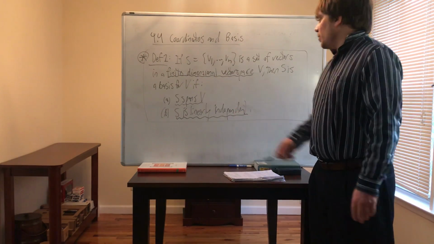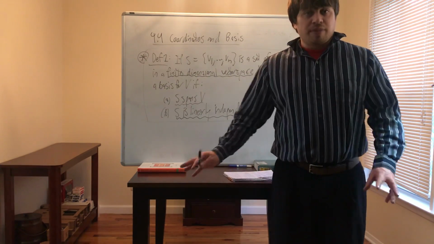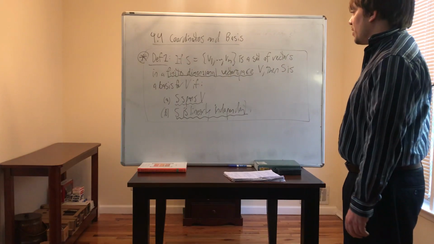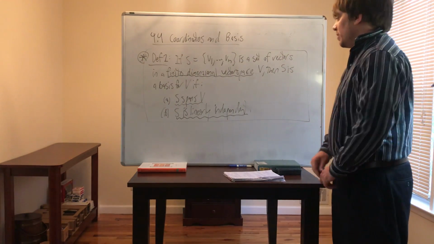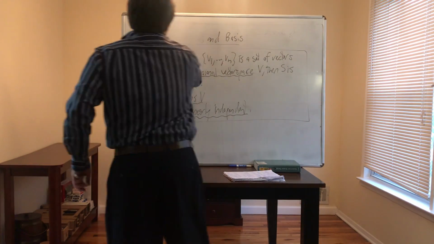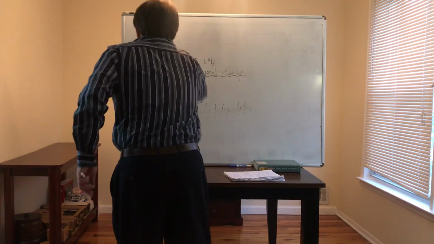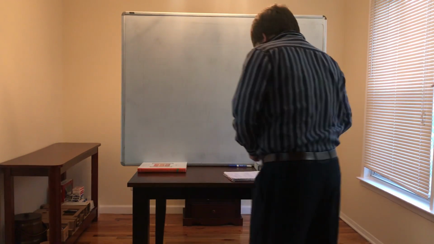If these two hold, then capital S is a basis for V. That's basically what this definition says, a definition of a basis for a vector space. So make sure to study those three things that I underlined, and then that'll make more sense.